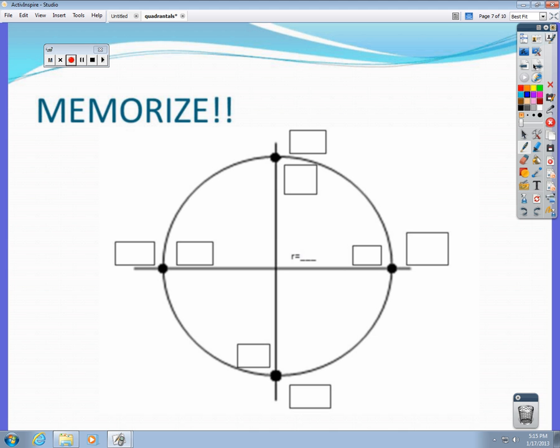Okay? So in standard position, we know that the 0 is on the positive x side, or to the right, and if we go one whole revolution around the circle, that would be 360 degrees, or if we're working in radians, it would equal 2 pi. At the top, if we have rotated in a positive direction, then our angle is 90 degrees, or pi over 2 if we're in radians.